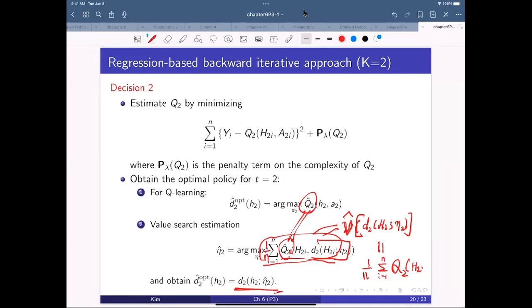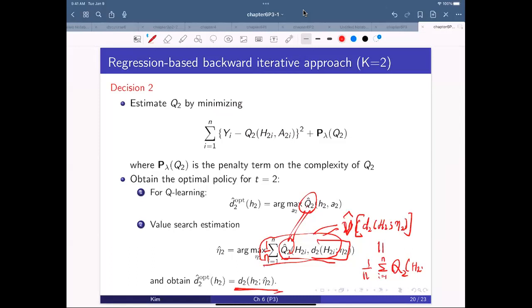If you use machine learning to obtain this Q function, you will get a very black box decision rule, and it is hard to interpret. But here you have some kind of parametric rule. So if you are just interested in determining the threshold for the rule, then this is the better approach.